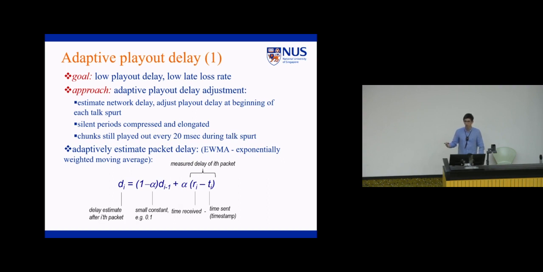If our throughput is good, if our delay between the sender and the receiver is very small, we can fix that playout delay to a low value. But then if it increases, we can increase it with the increasing delay in the network.